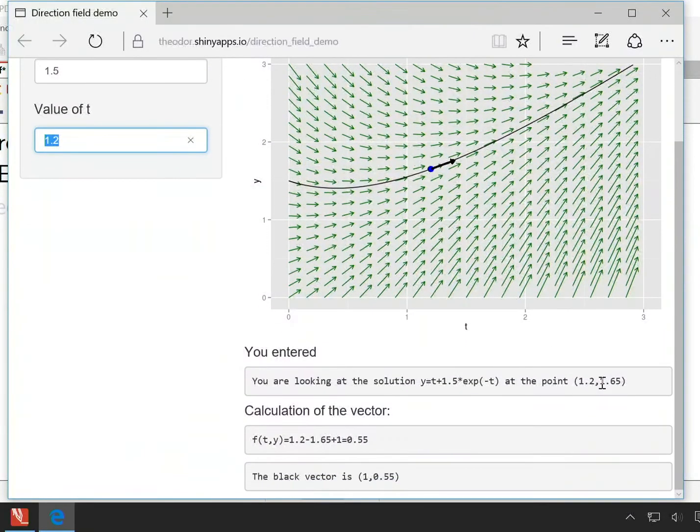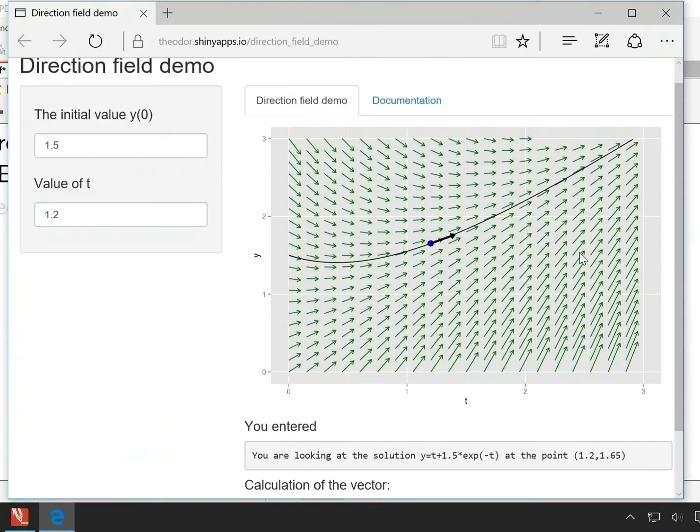Here the y coordinate of the blue point is 1.65 and the y coordinate of the black vector is 1.2, which is t, minus 1.65, which is y, plus 1, and this is 0.55. So the black vector has coordinates: the first coordinate is 1 and the second coordinate is 0.55, right?